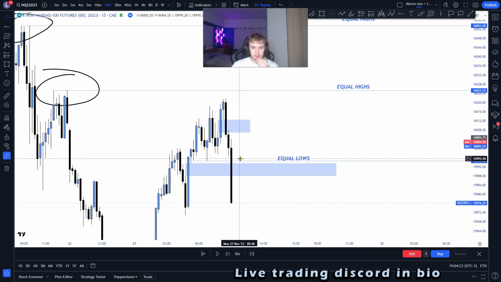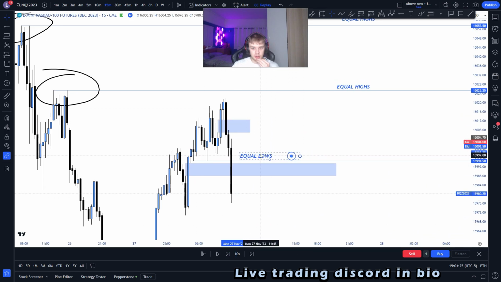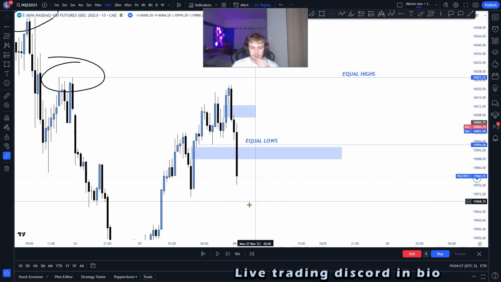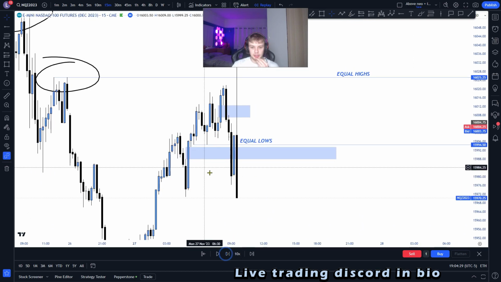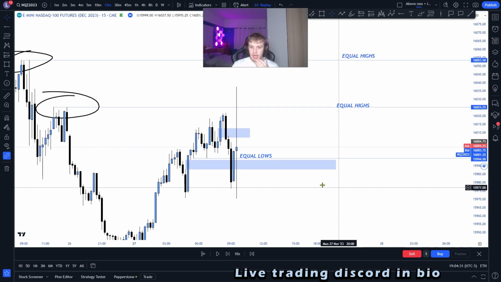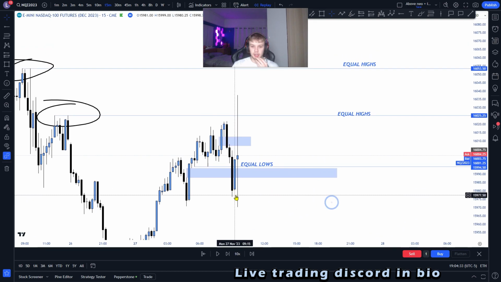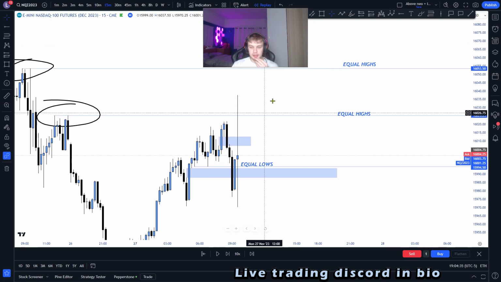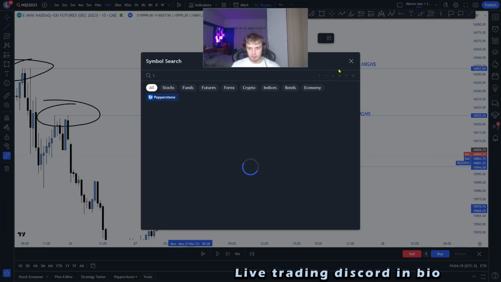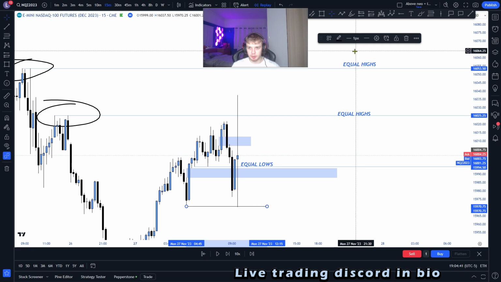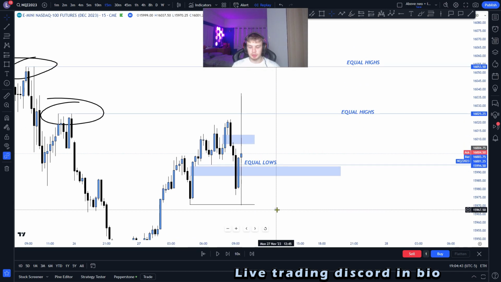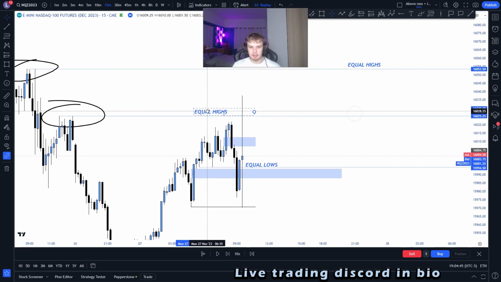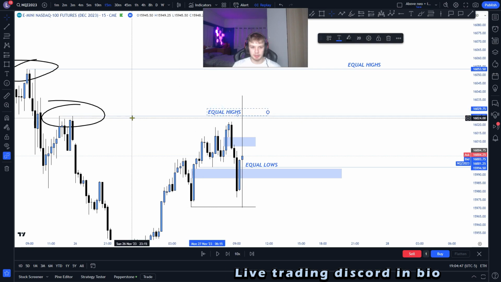And as you can see, price does come down, price takes these equal lows, and price actually ends up disrespecting this bullish fair value gap. And then we get open. And as you can see, at open, we take this sell side liquidity here. So we just sweep this sell side liquidity here. But what we also do is we also sweep these equal highs right here.